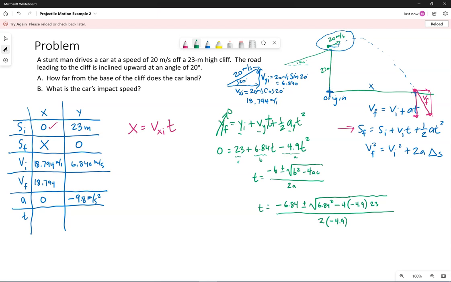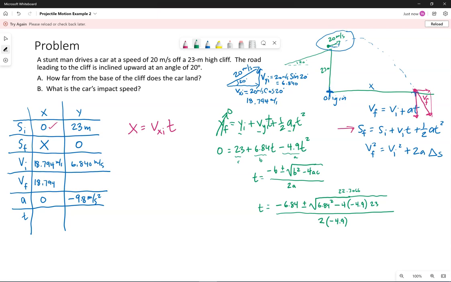All right, so under the radical, under the square root, this part is 22.3066. So I need to add or subtract that, and then I'll divide by this 2 times negative 4.9.